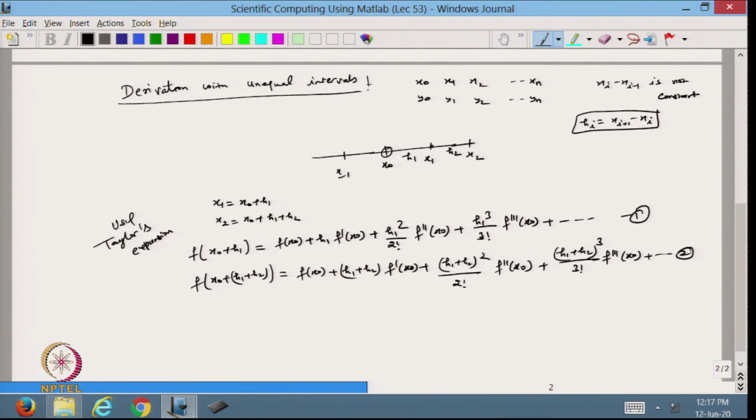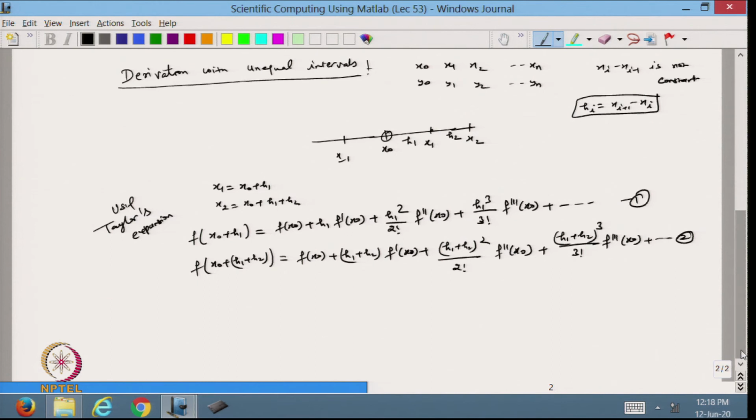So that I take as equation number 2. Now from here, if I want to find the first order derivative.